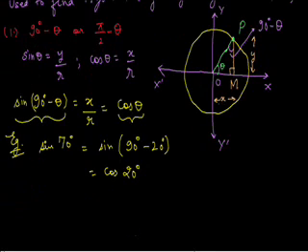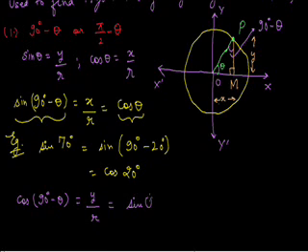Similarly, let's talk about cos. If we need to talk about cos of 90 degree minus theta, so here cos of 90 degree minus theta would be base upon hypotenuse. Base is y, and it is above the x-axis, so it will be plus y, so plus y upon r. But we know that y upon r is equal to what? Sine theta.